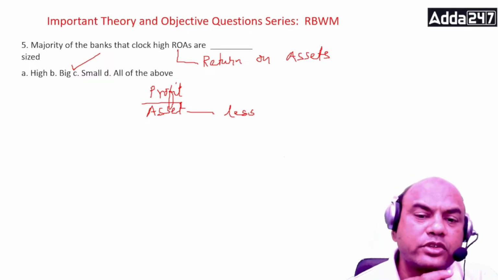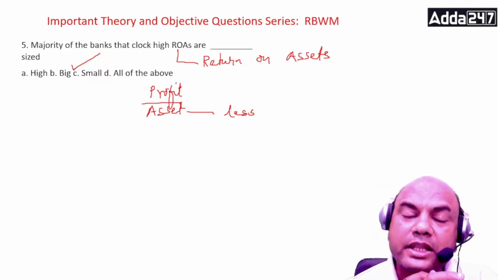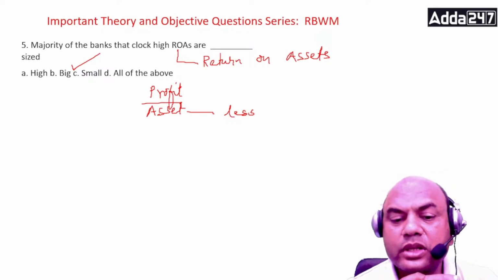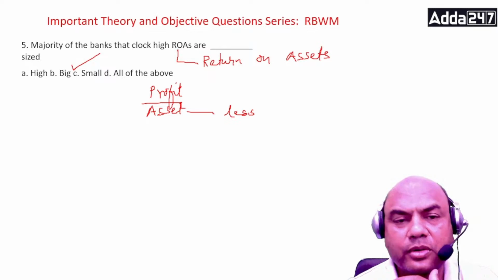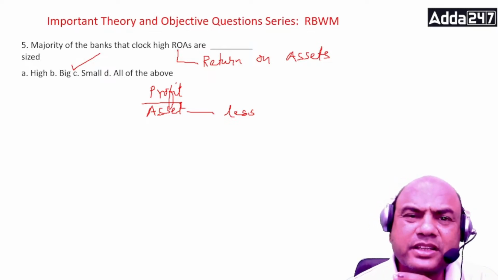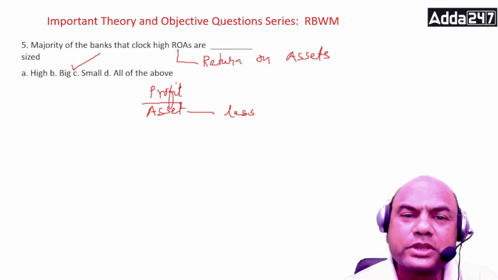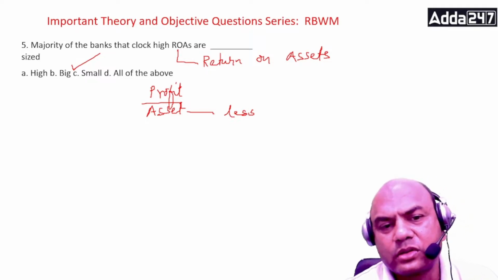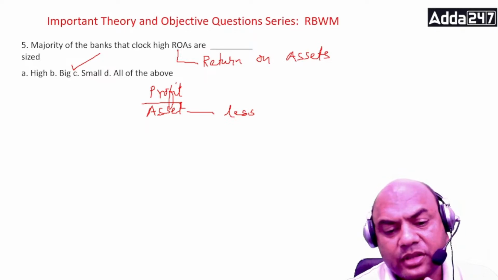Ranking of the banks operating in India is based on the magnitude of ROA. It shows that there are only 2 large banks present among the top 10. So obviously large banks will be fewer because they have huge assets, right? Majority of the banks that clock higher ROAs will be of small size, isn't it?